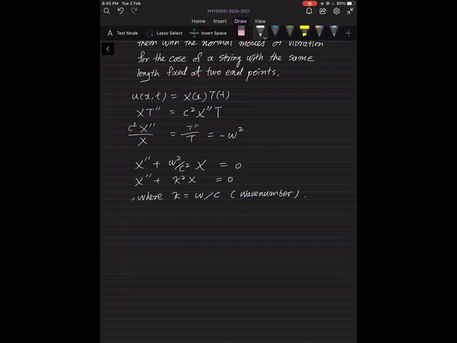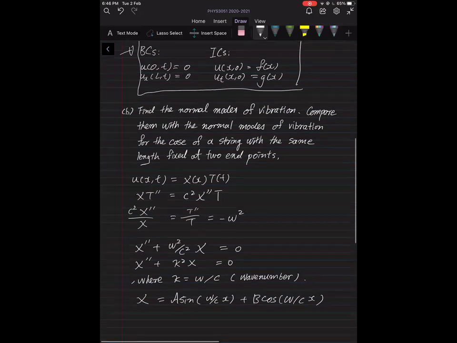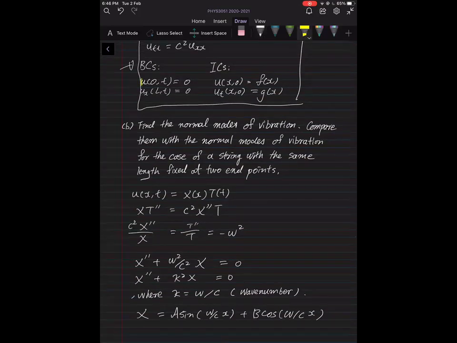Alright, so what is the general solution of x? A sine omega over c times x plus b cosine omega over c times x. Yes. Right, and then the next thing to do is to impose the boundary condition here to get the eigenvalues.